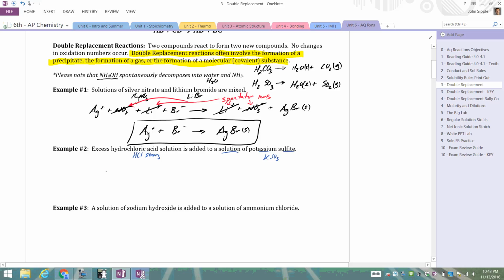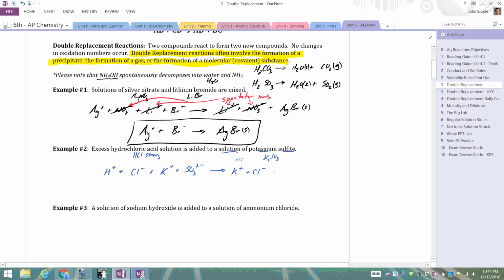So we're going to write these down as H+ and Cl- because they're all aqueous, plus K+ and SO3 2- in solution. So we trade partners, and one of our products is going to be KCl, which we know is soluble, so it's going to be K+ and Cl-.